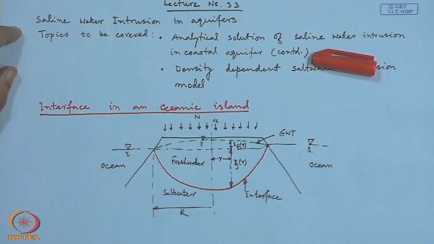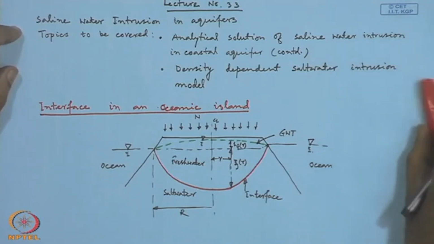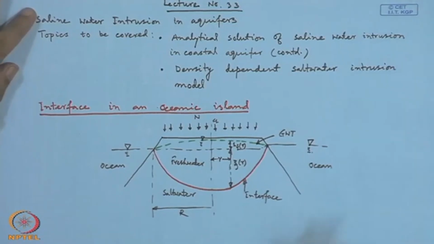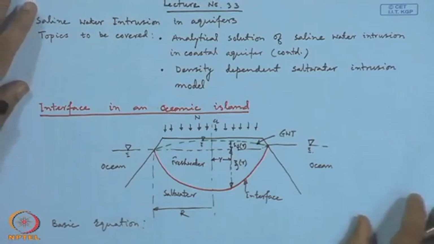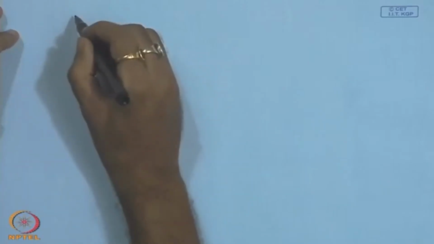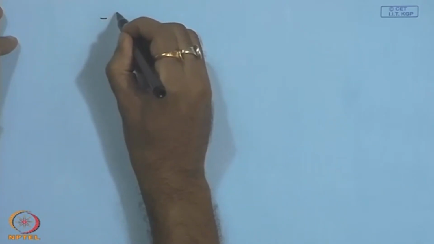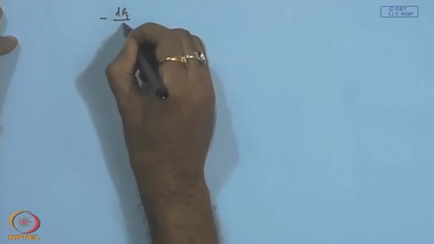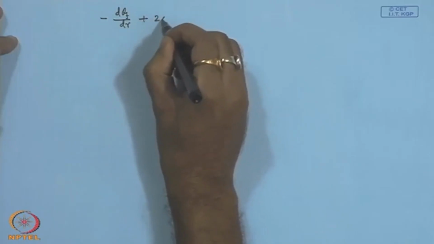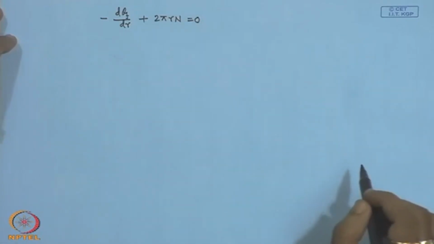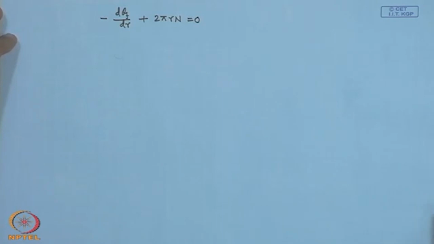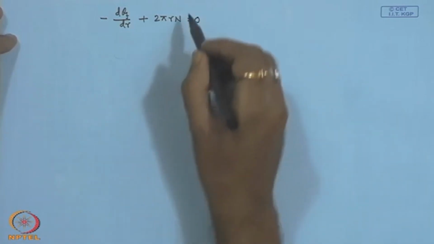So, in this case, if we write our mass balance equation, we can write our basic equation, and this basic equation shows that the Qf radially should be equated with the recharge or infiltration or precipitation from the top of the island.